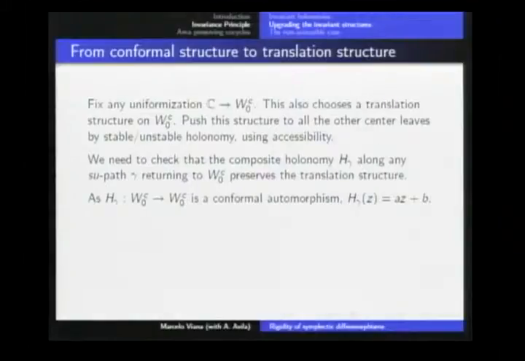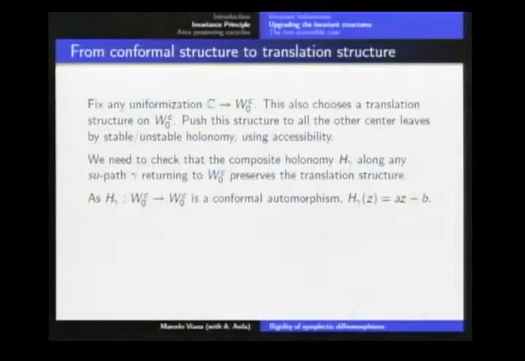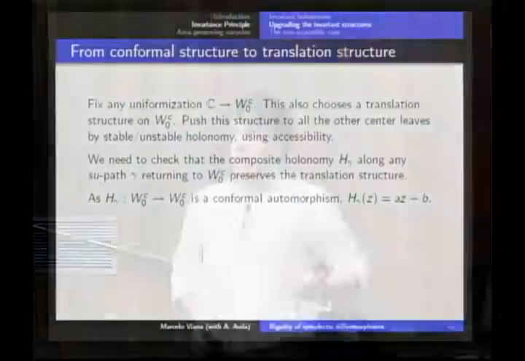And we know what the invertible conformal maps from the complex plane to itself are. They are just the affine maps. So to prove that this construction is coherent, I have to prove that A is equal to 1. I have to prove that the holonomy map in this chosen uniformization of the center leaf is a translation.